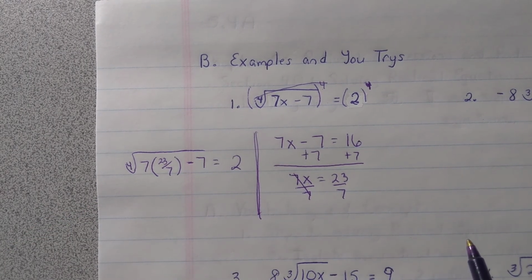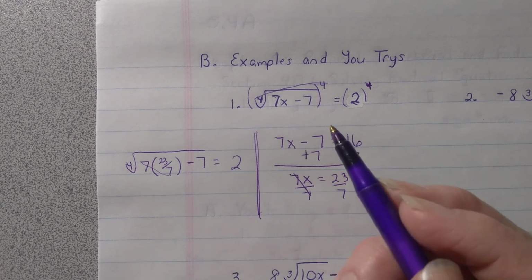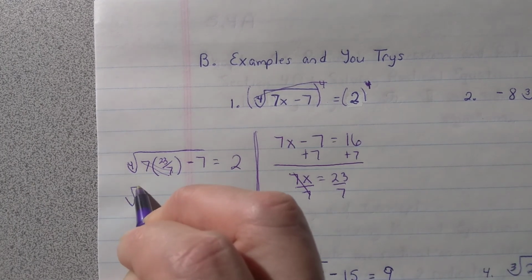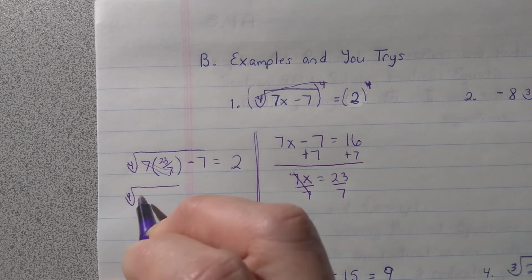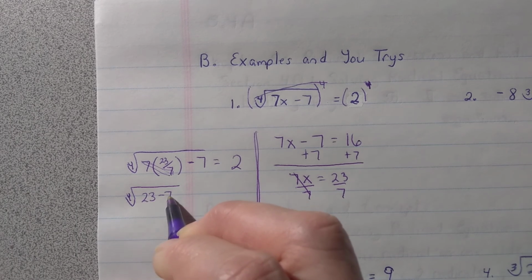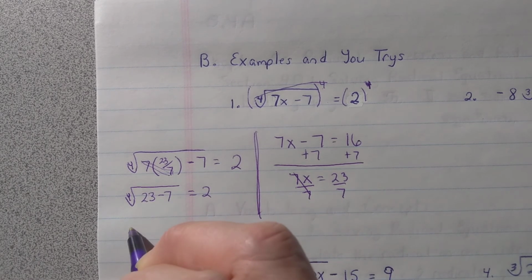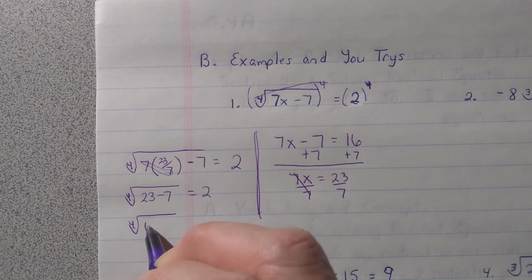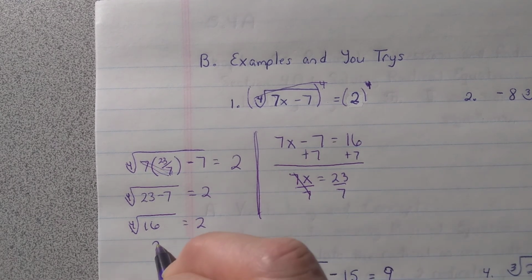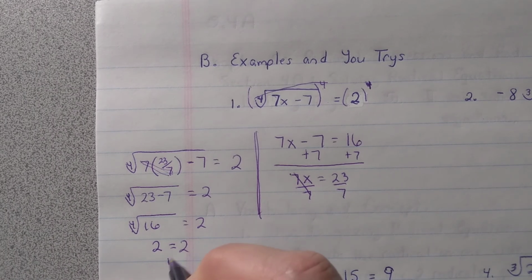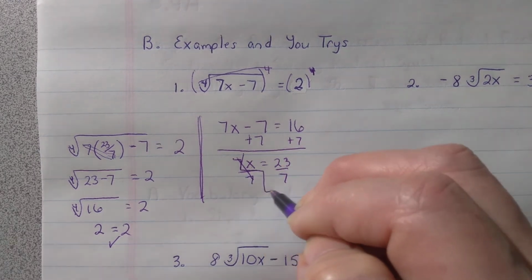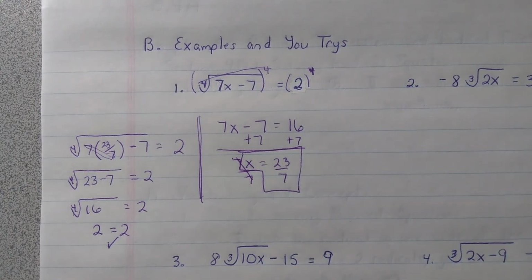So let's check how that works. These cancel. Now I have 7 canceling 7, which means I've got 23 minus 7 equals 2. 23 minus 7 is 16 equals 2. The fourth root of 16 is 2, and 2 is definitely equal to 2. Please make sure that you check your answer before you call it done.